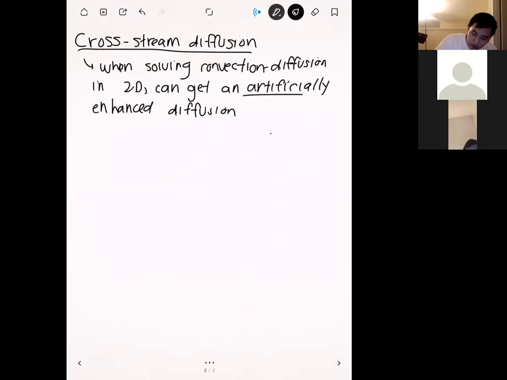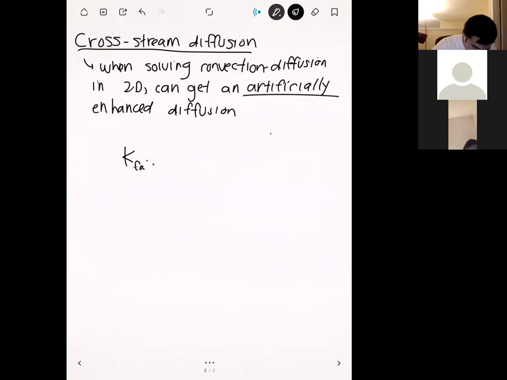The key word here is artificially. This isn't real diffusion. It's just a product of the numerics. Based purely on the method that we're using, the diffusion ends up being higher than it actually is.